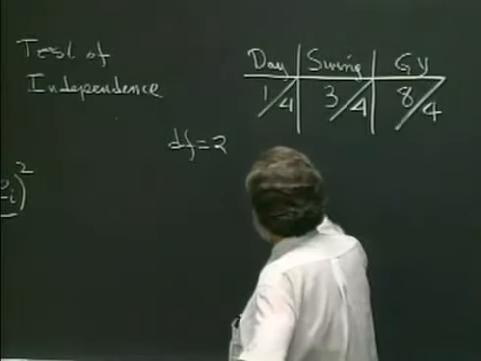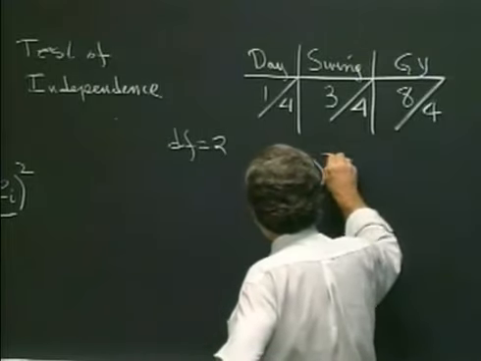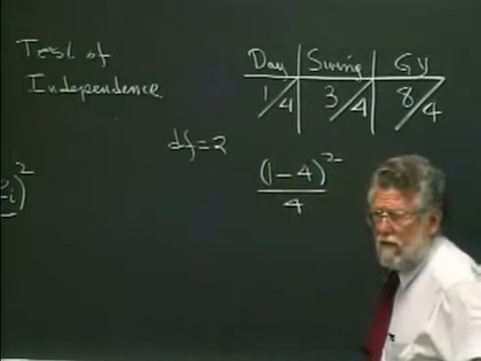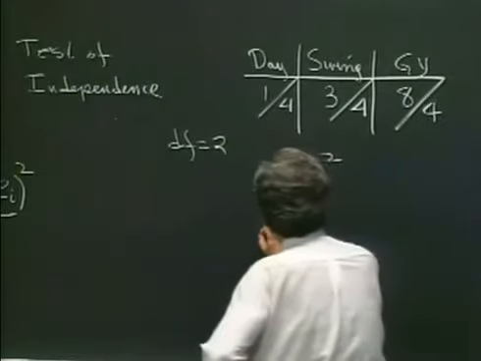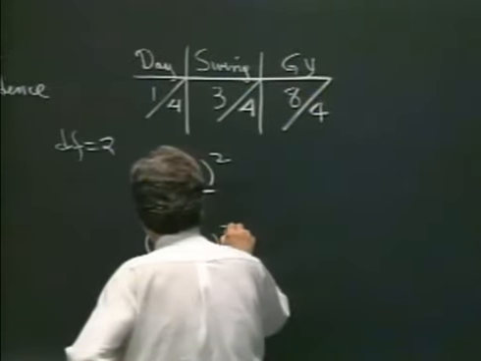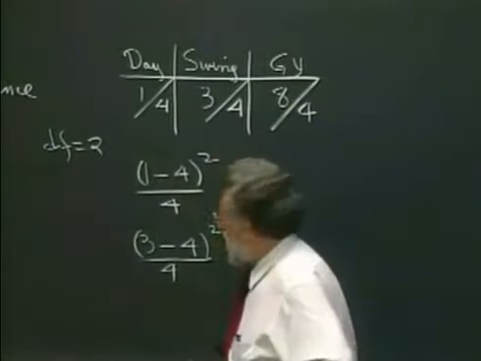So if I look at the differences here, 1 minus 4, and square that and divide by the 4, that's my first cell. My next cell is 3 minus 4. Square that and divide by 4. And my last one is 8 minus 4.